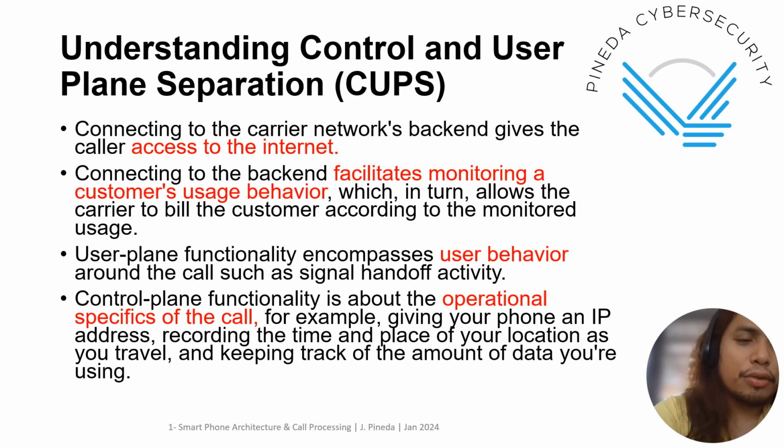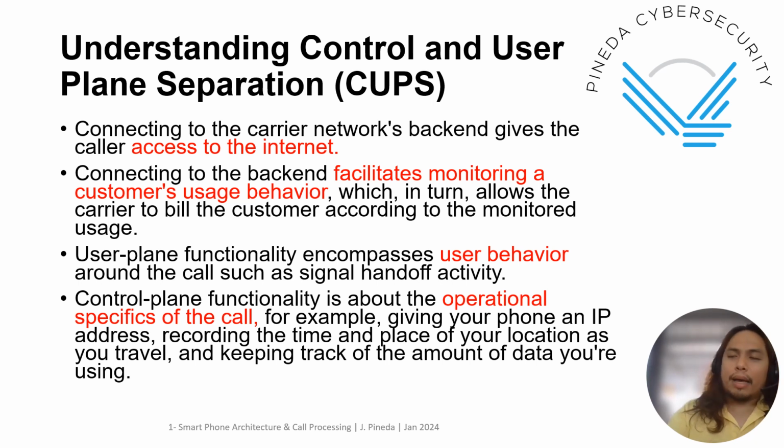So there's a user plane, okay, which encompasses user behavior around the call, such as the signal handoff activity. Now, the control plane functionality is about the operational specifics of the call. For example, giving your phone an IP address, recording the time and place, right?